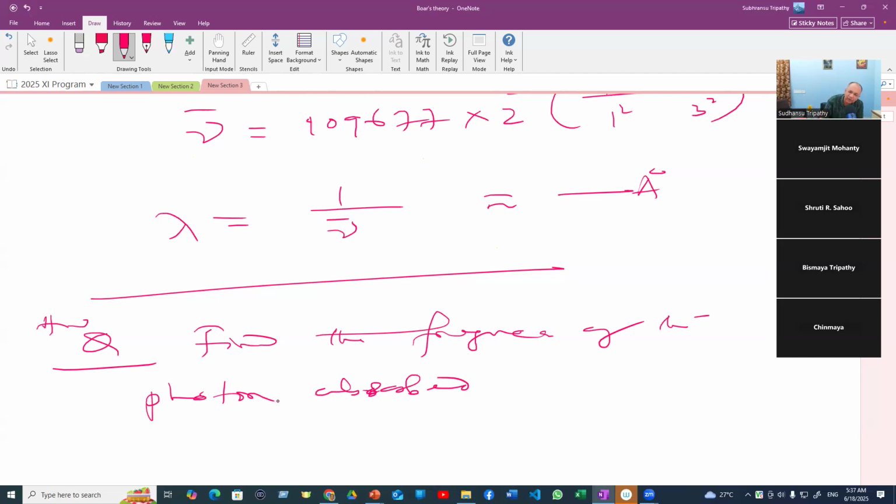Absorption spectrum, for example, observed when an electron in, say, hydrogen jumps from 2 to 5.